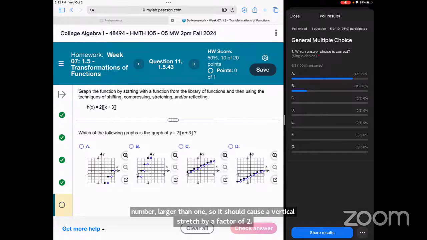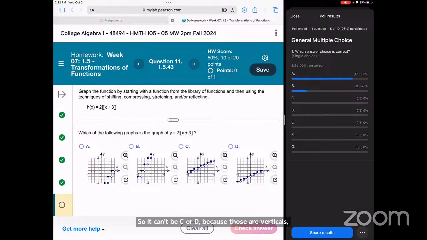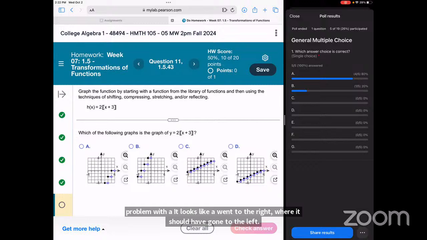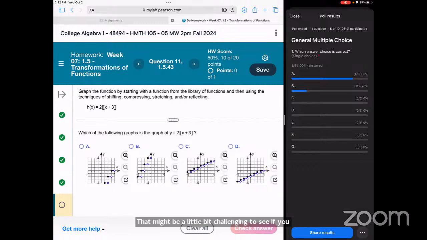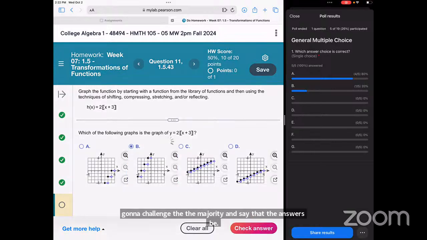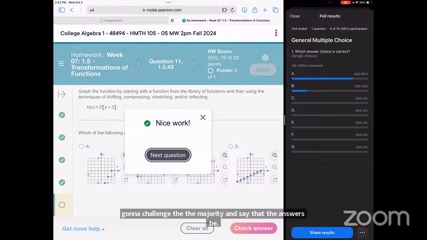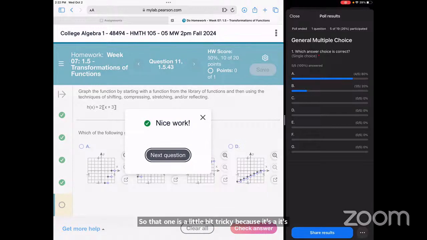Those were smushed, so we can eliminate those. The problem with A is that it went to the right where it should have gone to the left. That might be a little challenging to see if you don't understand the original graph of the greatest integer function. I'm going to challenge the majority and say that the answer is B. Yeah. Okay. That one is a little bit tricky because it's an unorthodox function, right?